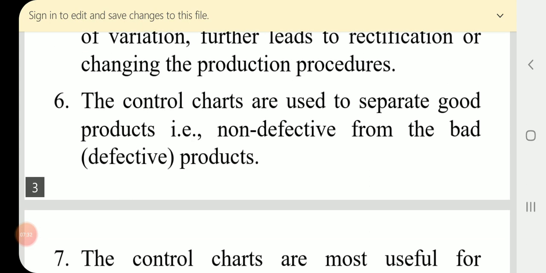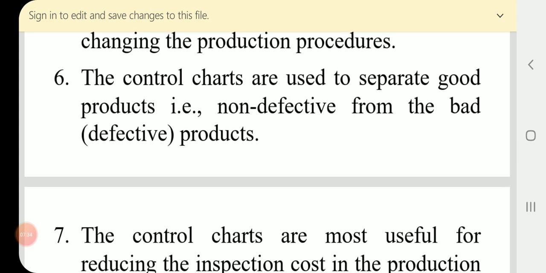Next one. Control charts are used to separate good products, that is non-defective products, from the bad products, defective products. The control charts are used to separate non-defective items from the defective items, which are going to be replaced.